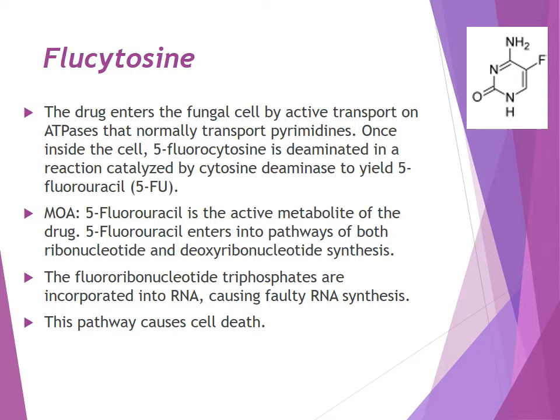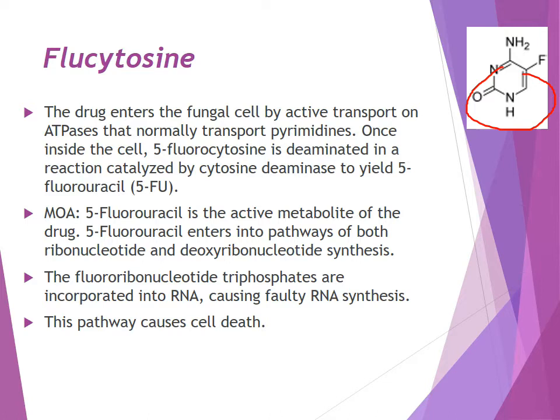The main mechanism of action of our flucytosine: once our drug is inside the cell, it is converted into 5-fluorouracil, which is the active metabolite of our flucytosine. This active metabolite, 5-fluorouracil, will now inhibit nucleic acid synthesis.